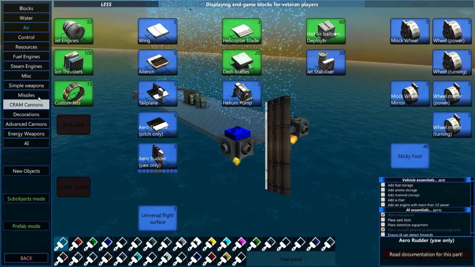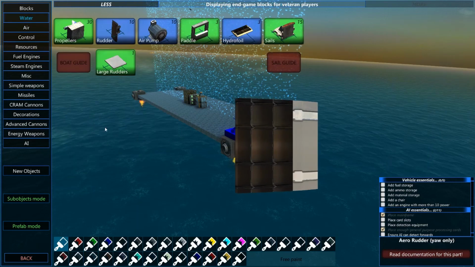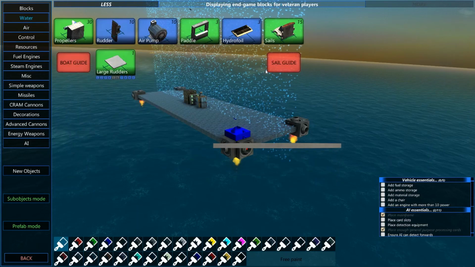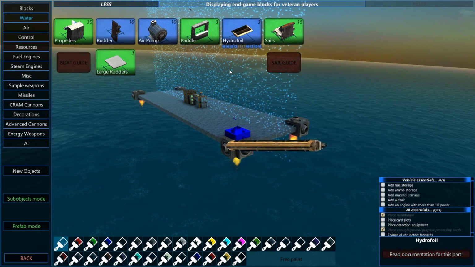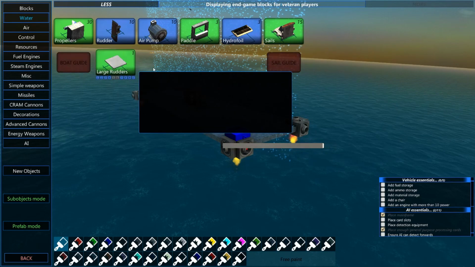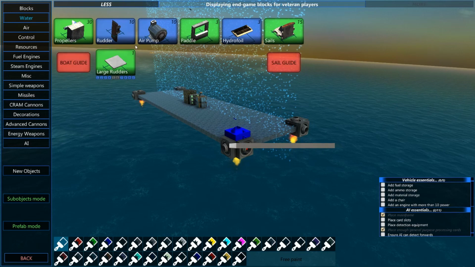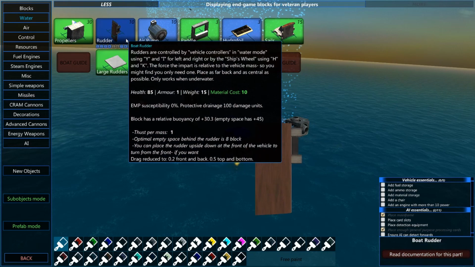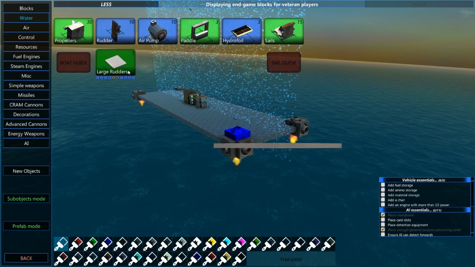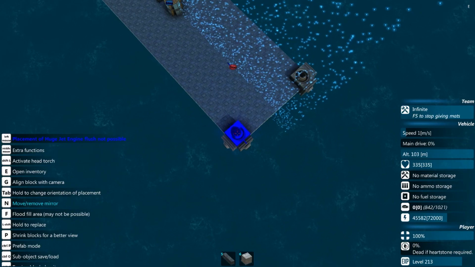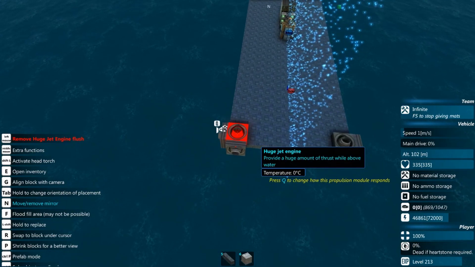Even in the water tab, if I talk about propellers, it's going to come up there. If I talk about hydrofoils, it's going to come up there. If I talk about rudders, again, it's going to come up there, though not really as much, because the default configuration settings for rudders are usually sufficient. Anyway, this is going to come up all over the place. So we're going to take a very in-depth look at this UI.